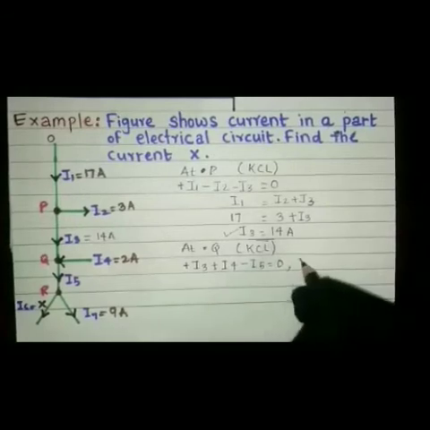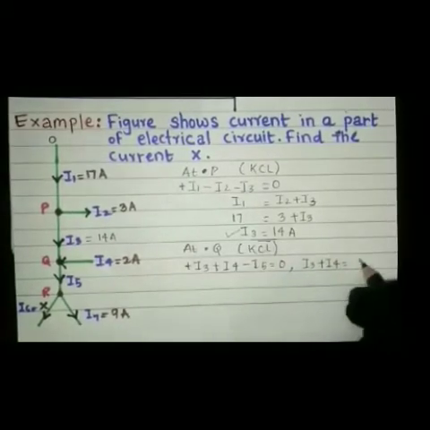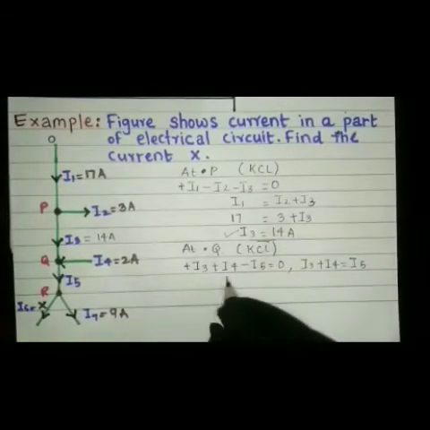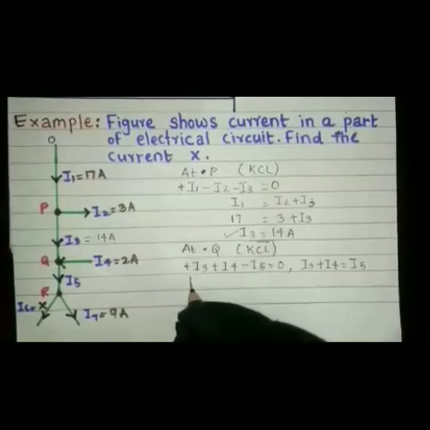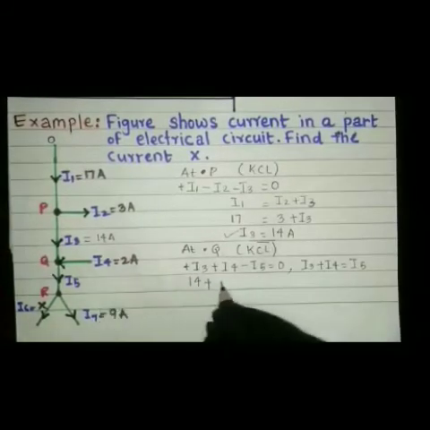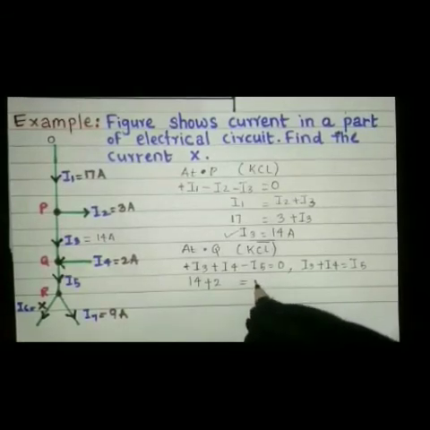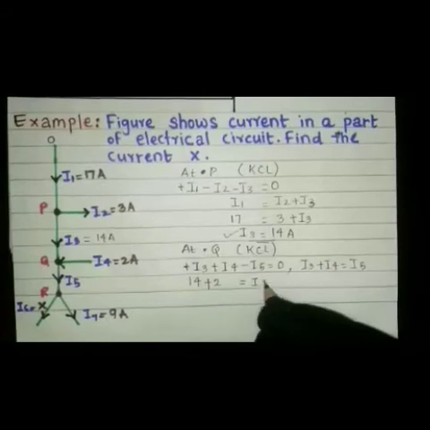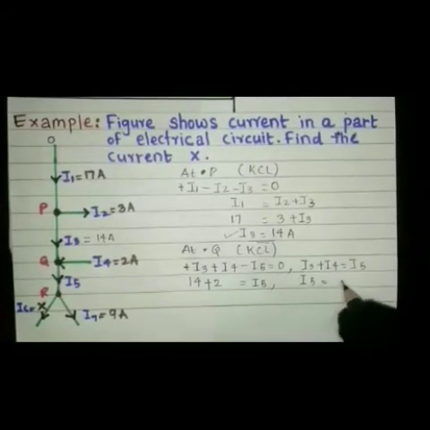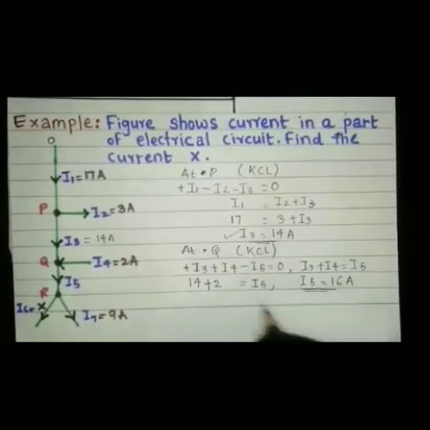That means I3 plus I4 is equal to I5. I3 we have already calculated, it is 14 ampere, plus I4, which is 2 ampere. So I5 is equal to 16 ampere. So 16 ampere we have done.